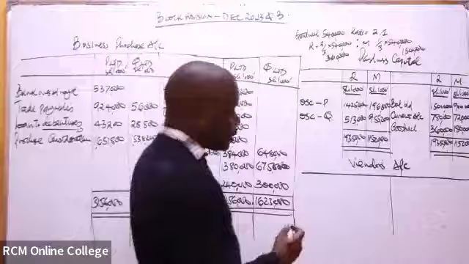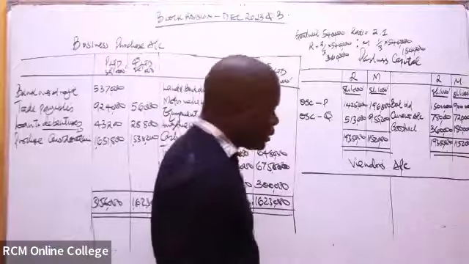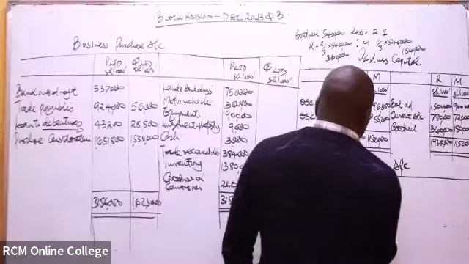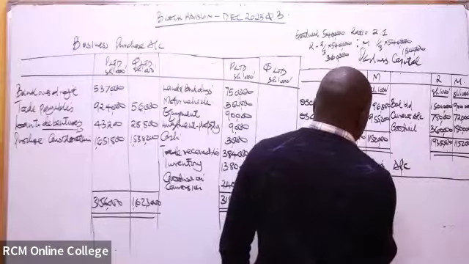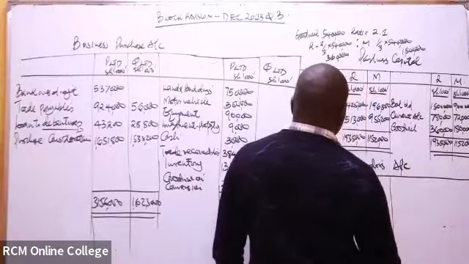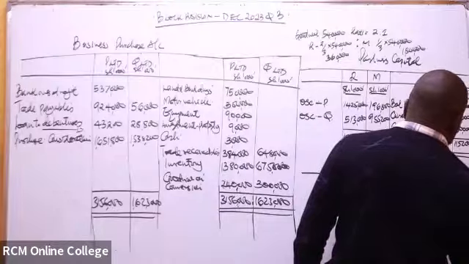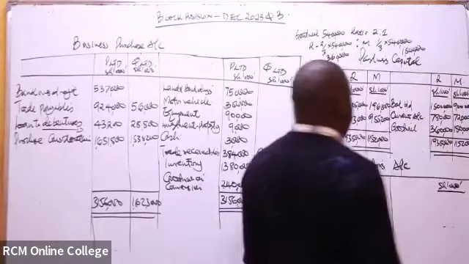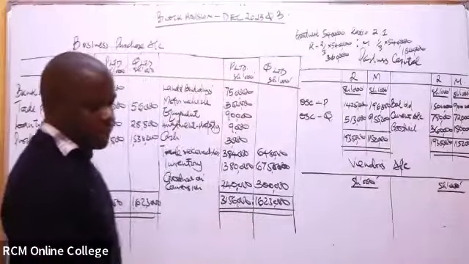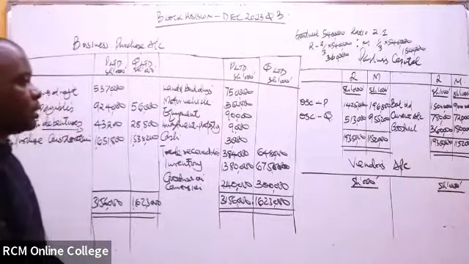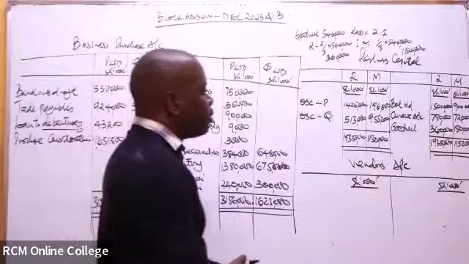So we'll have in this case our shillings are actually in thousands.